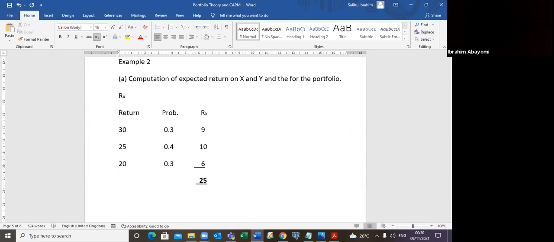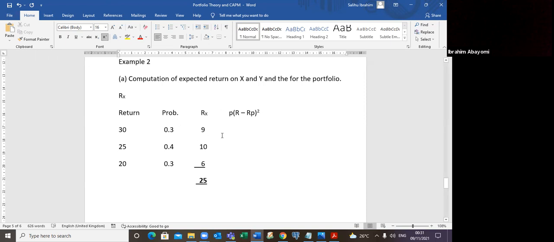Probability, the same as we did yesterday, and R minus the expected return, squared.